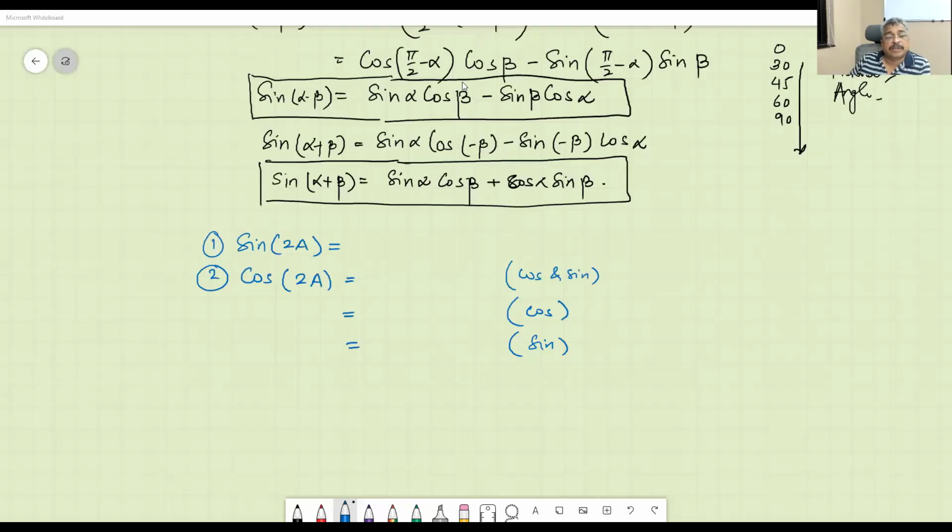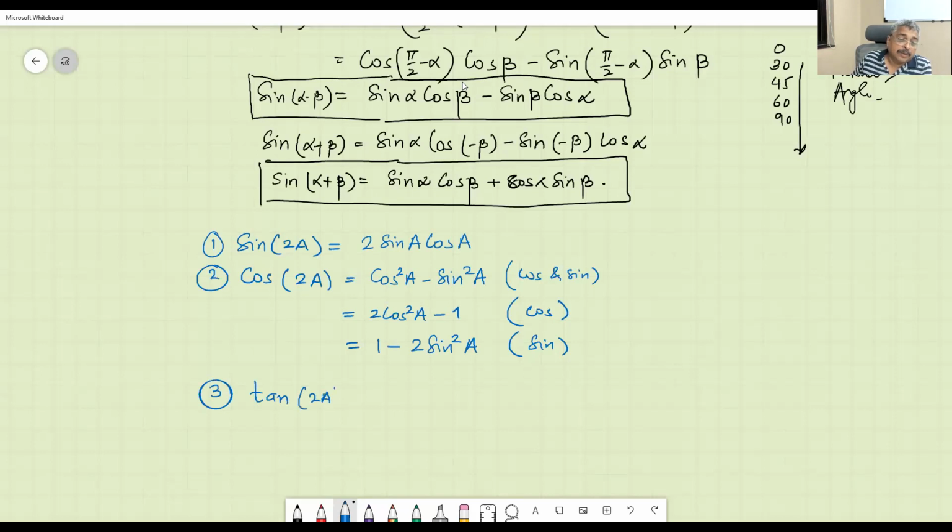Sin 2A is 2 sin A cos A. Cos 2A is cos square A minus sin square A, or 2 cos square A minus 1, or 1 minus 2 sin square A. Third, tan 2A, in terms of tan.